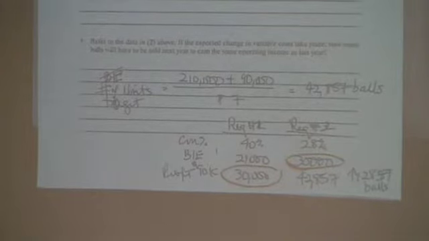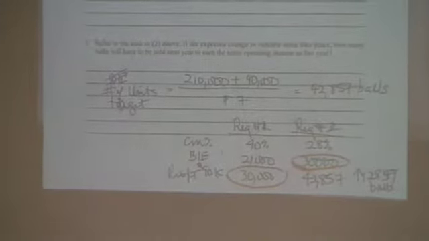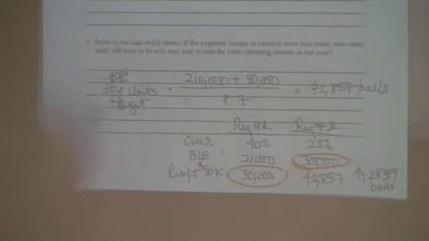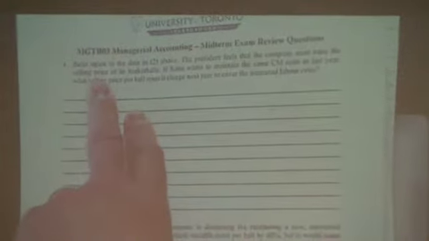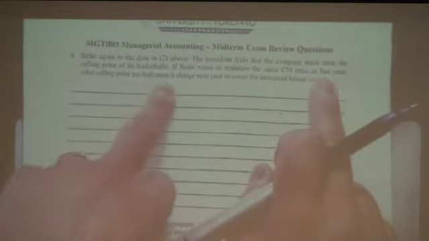Let's look at number 3. Number 3 says, go back to the original data. The president feels that the company must raise the selling price of the balls. If Sato wants to maintain the same contribution margin ratio as last year, what selling price must be charged next year to cover the increased labor cost?